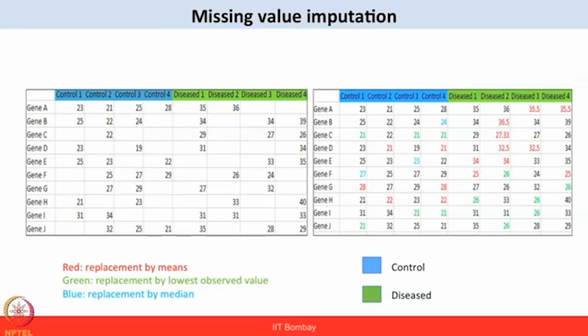As you can see, for the control samples the lowest observed value is 21 for all the genes. So we can ideally substitute 21 in all the missing places with this imputation procedure. So you got a general summary of what missing values are and how they can be imputed.